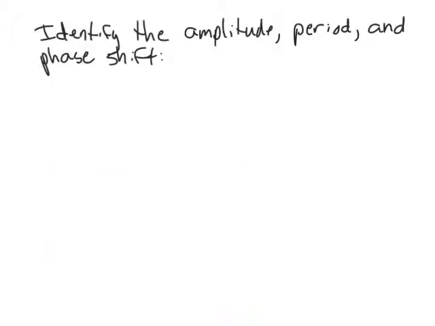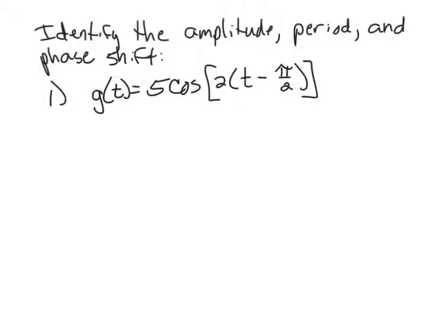So we're going to work a couple of basic examples, and all we're going to do is identify the amplitude, period, and phase shift for a given function. Here we have our function, g of t is equal to 5 cosine, and all of this is inside the cosine function, 2 times the quantity t minus pi over 2. Our amplitude is the absolute value of the coefficient, so the amplitude is going to be 5.